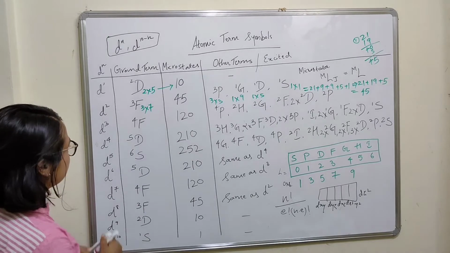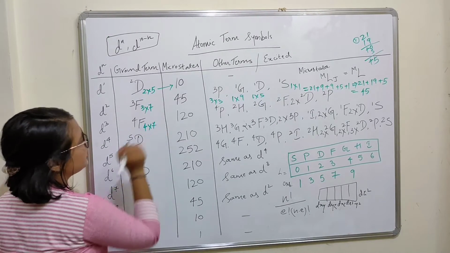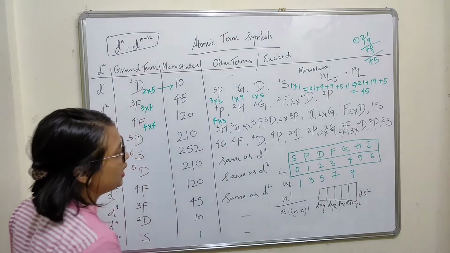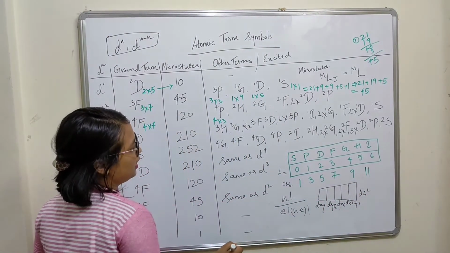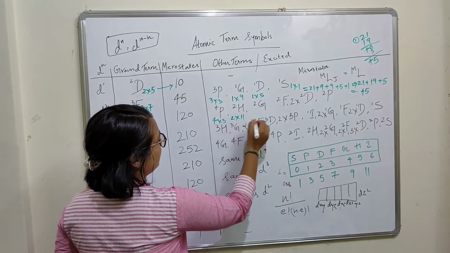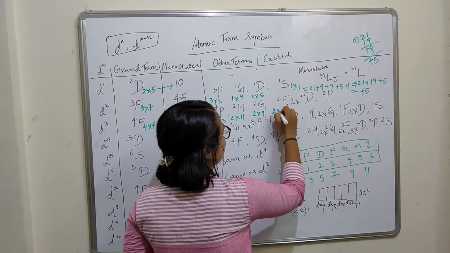First we have 4 into F. F is going to be 7. Okay, 4 into 3. Now what is the value of H? H is 11 orbitals. So 2 into 11. G is 9, so 2 into 9. F is 7.